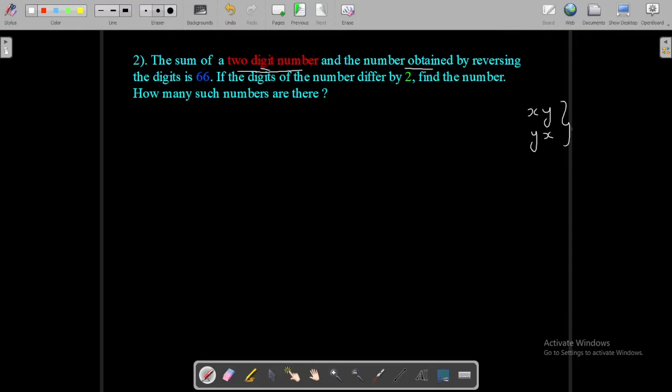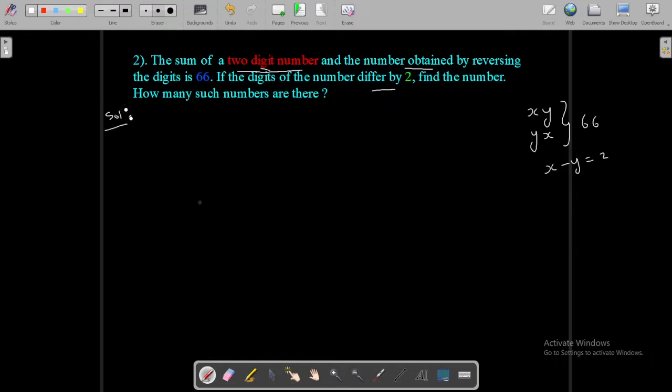Their sum is 66. And the digits differ by 2, that is, x minus y is equal to 2. First of all, you have to find the number. How many such numbers are there? Let us solve this problem.